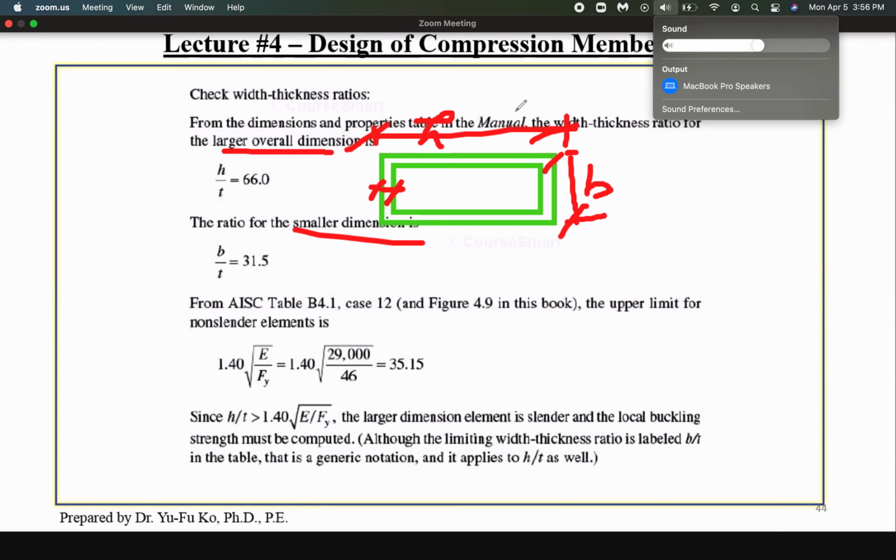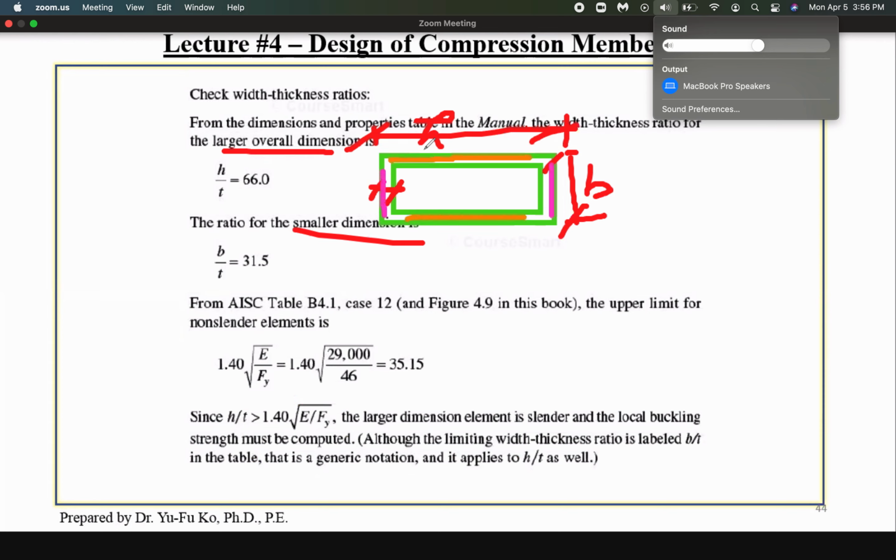So you can think of these as 4 pieces of elements. So this is the first piece. These are larger elements, and this is shorter elements. And likewise, there's another one here, and there's another one here. So for HSS, like I said, all of these elements are stiffened elements.